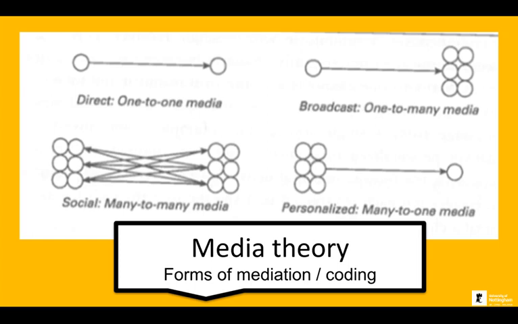Within one-to-one media, there are different relationships you can have. You can have a direct relationship where the sender sends a message to somebody else. Or you have a two-way relationship where they send the message back to the other person and there's some feedback.